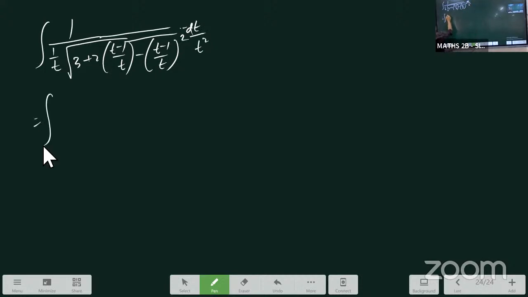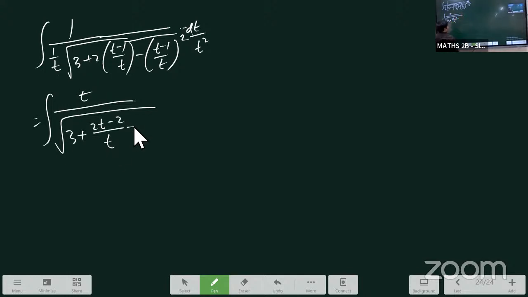Now in this integration, t will come to numerator by under root of 3 plus 2 by t minus 2, minus, separate your square and expand it simultaneously. So what I get is t square plus 1 minus 2t. This, minus dt by t square as it is.